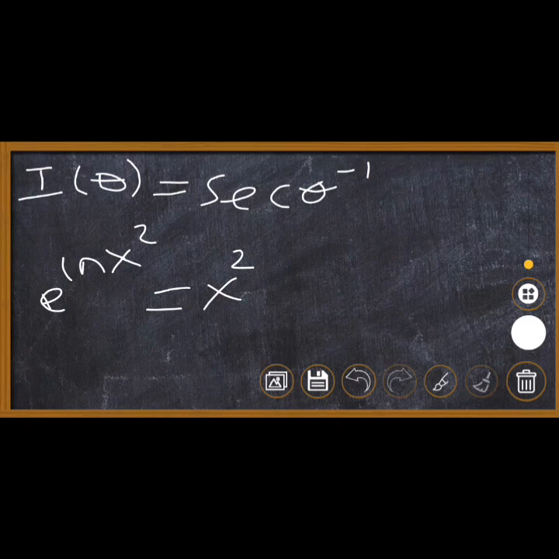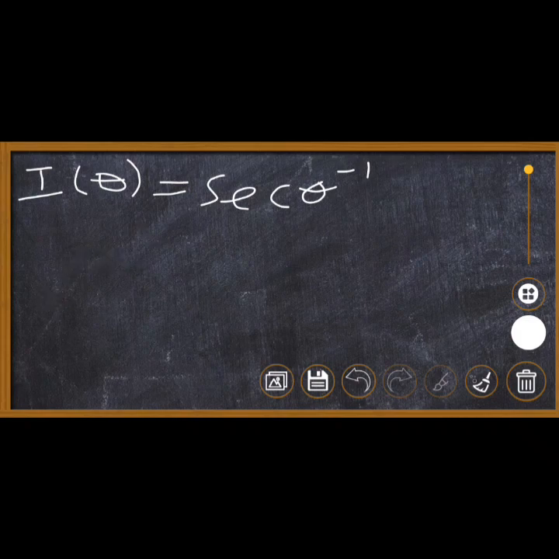If you had e raised to power ln of x power 4 minus 5, what could be the value here? It's just x power 4 minus 5. So I hope that you now have the concept of whatever I have done there for me to have the sec theta to power negative 1.